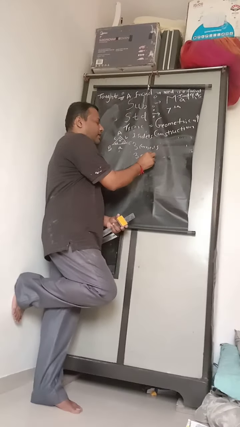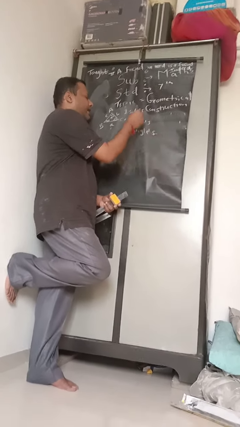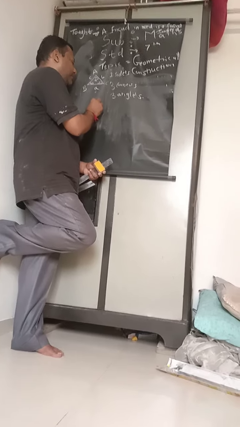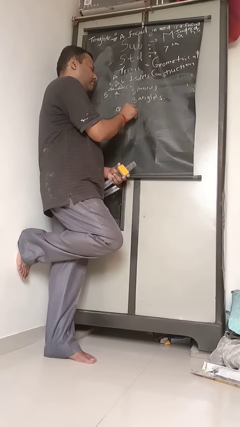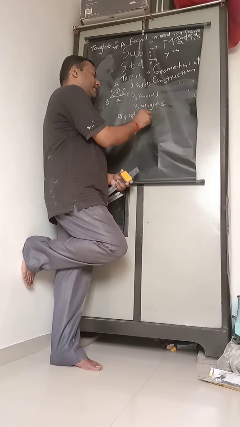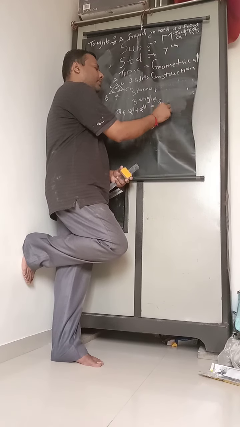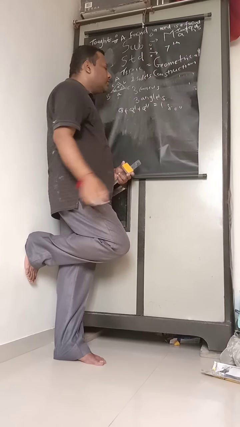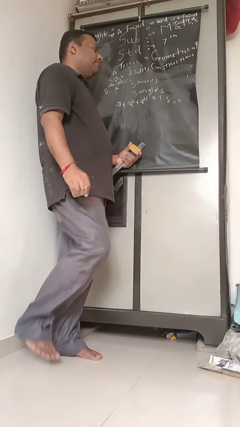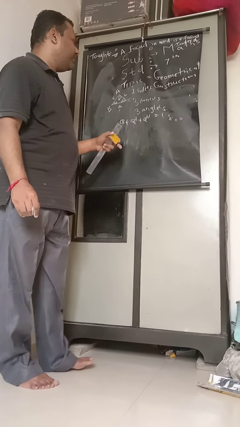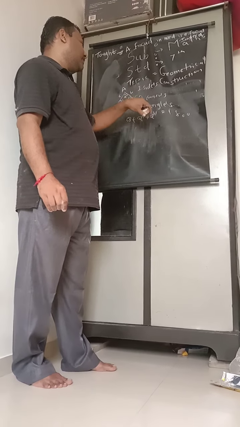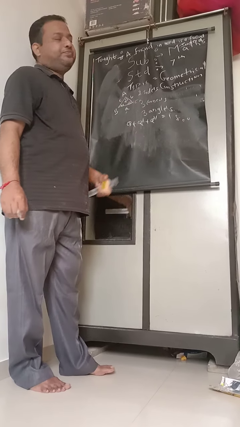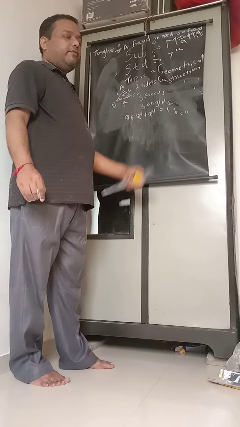Another important thing is that the addition theta plus theta 1 plus theta 2 is equal to 180 degrees. So for the construction of a triangle, we require either three sides, or three corners, or three angles.